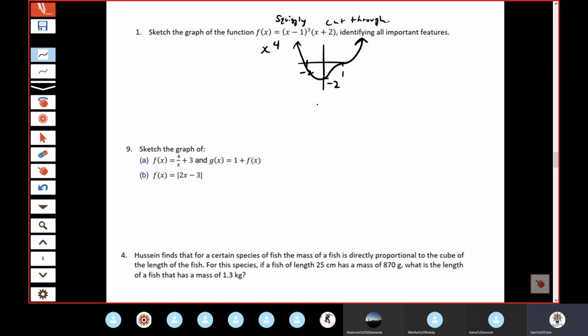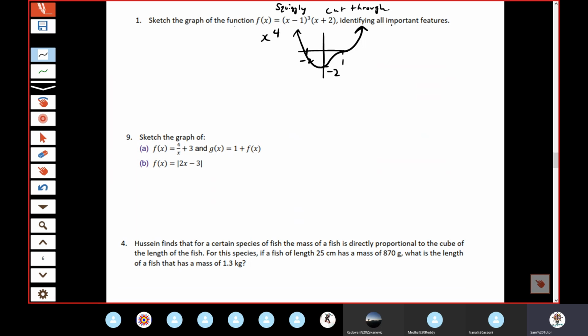If you have forgotten those rules of cutting through, squares and what to do with squares, bouncy, and how to look for your highest polynomial, again, revise your work, go over it, should come to you in no time. Any questions for that one?